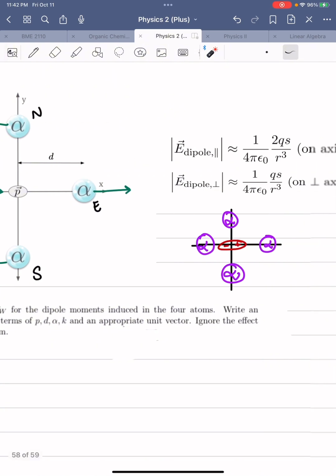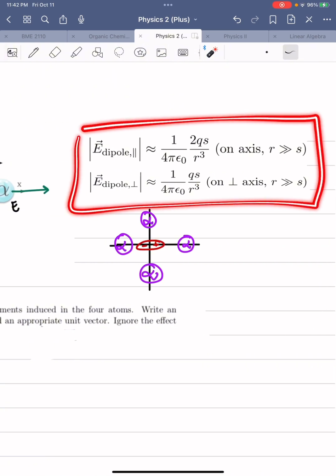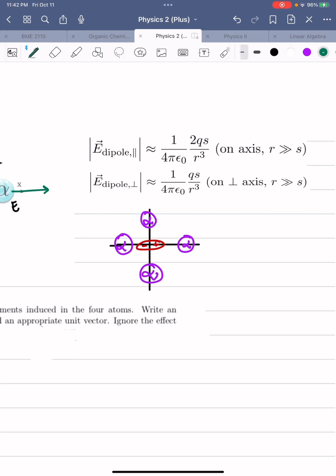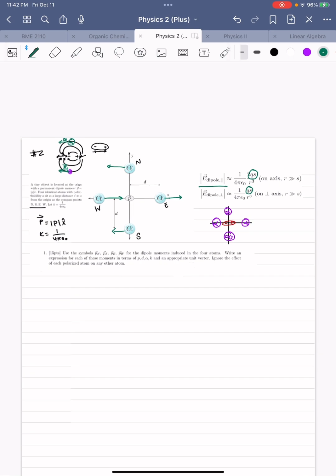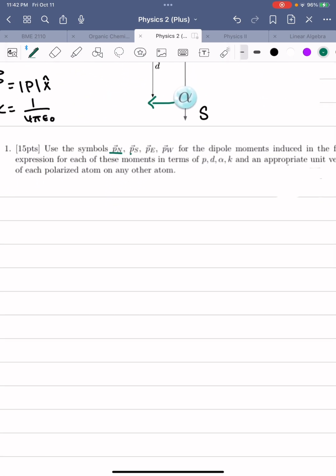We are keeping these formulas in mind, but there are some things missing. We have to calculate the dipole moment of each polarized atom to plug everything in. That's what the first question asks us: to calculate it for north, south, east, west in terms of P, d, alpha, k.